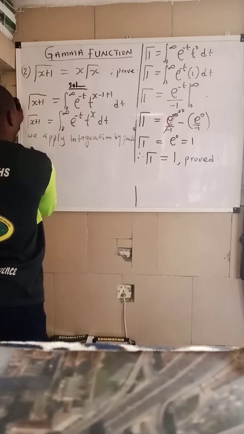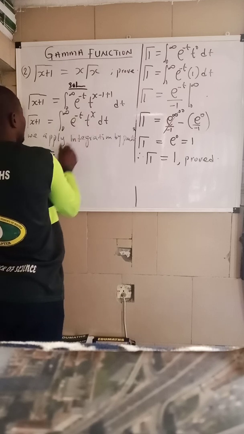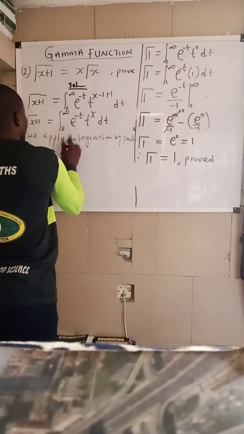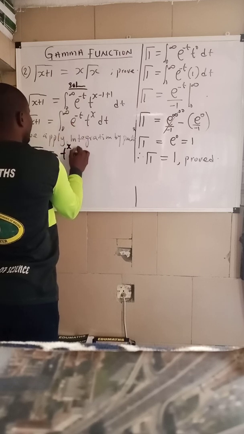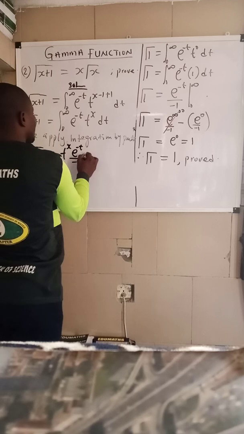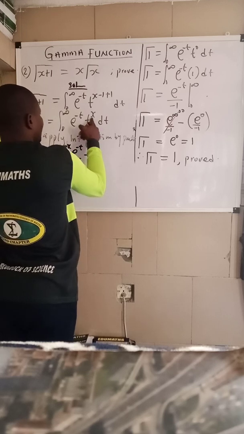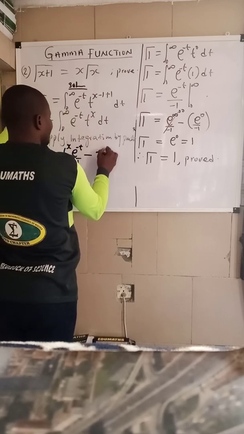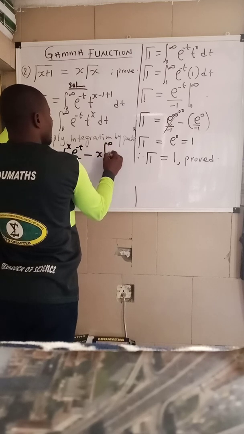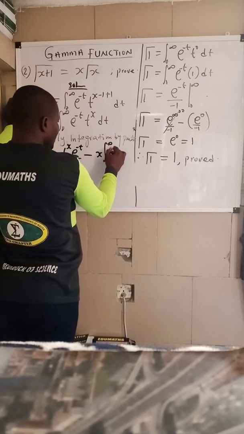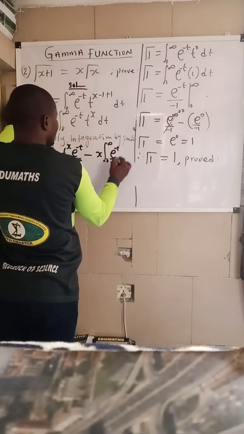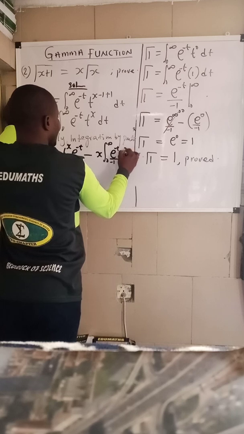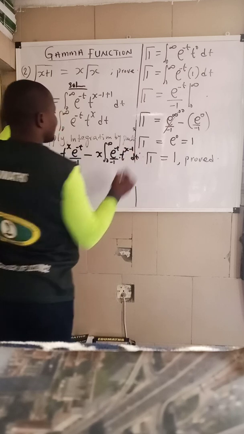We know that gamma of x plus 1 is equal to, this is acting as u, so keep u times v, which is exponential minus t over minus 1, minus, differentiate this, we have x, integral from 0 to infinity of v du, exponential minus t over minus 1, times t raised to x minus 1 dt. Okay?